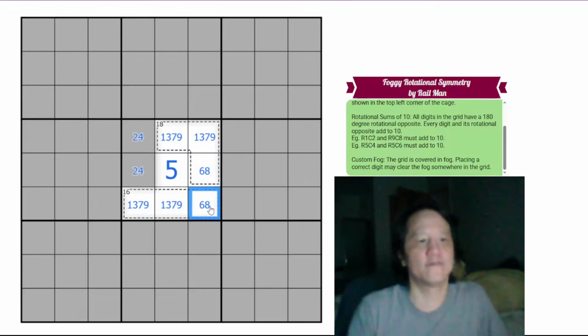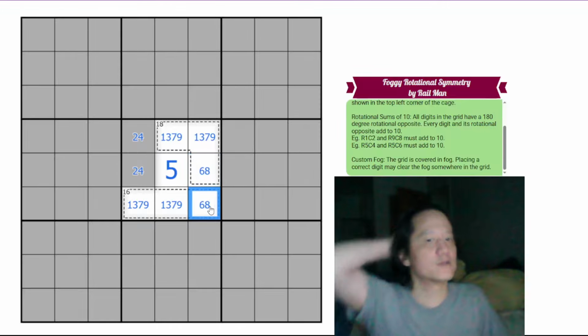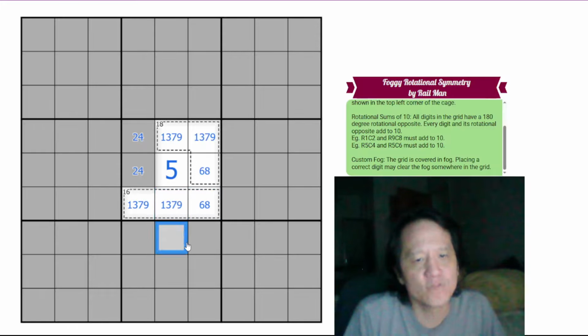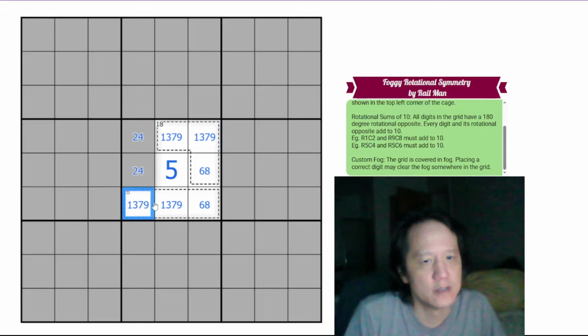Okay, so what are the possibilities here? Can this ever be 9? 9 and 3 at minimum, because 1 has to be on the opposite side. 9 and 3 adds up to 12, plus 6 adds up to at minimum 18.